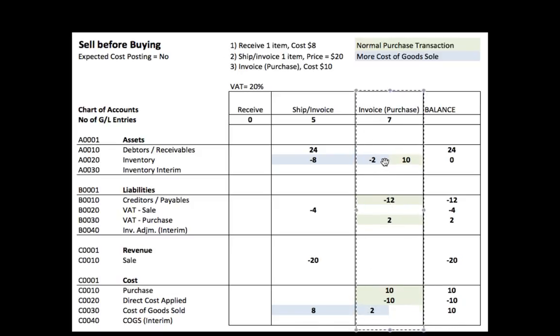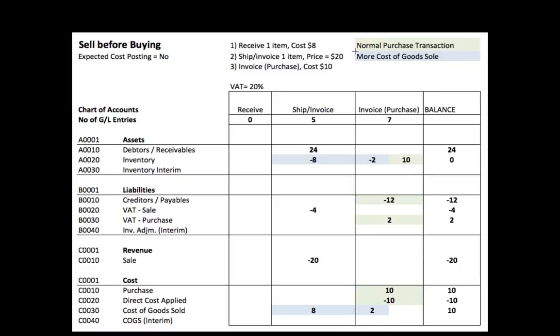And this creates 7 GL entries in total. So when you go to the purchase order and you invoice, Nevisian creates 7 GL entries in total, namely these 7. In order to understand what these 7 entries are, I have divided them into 2 different colors.